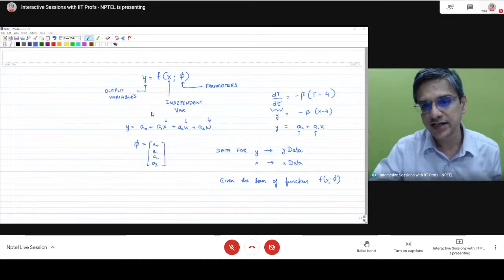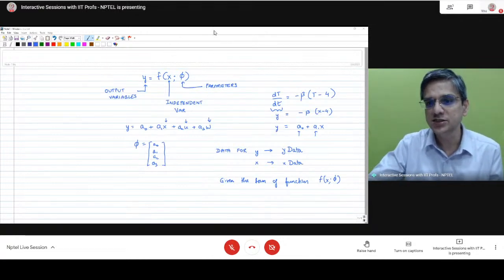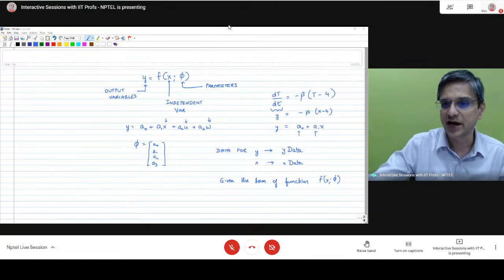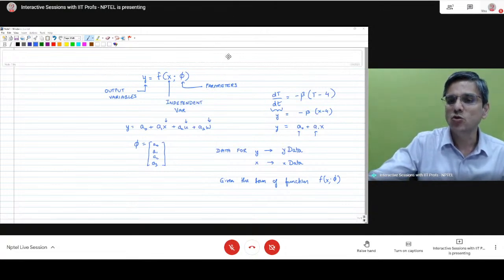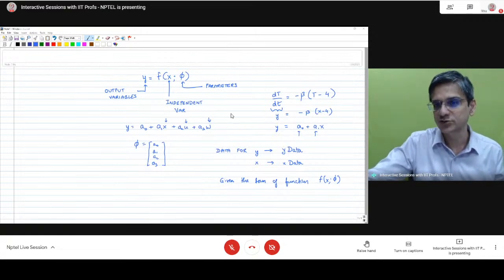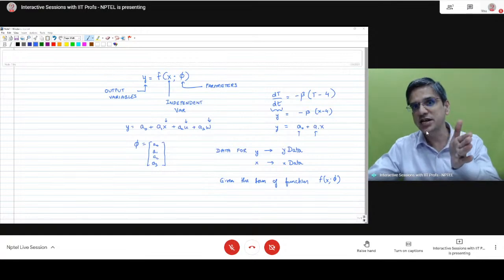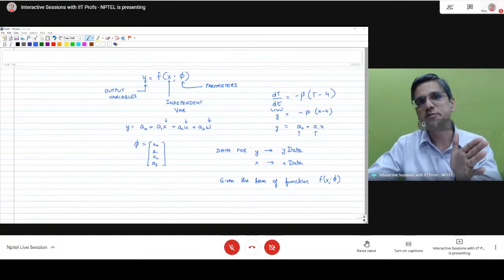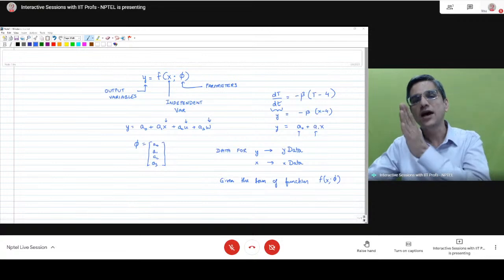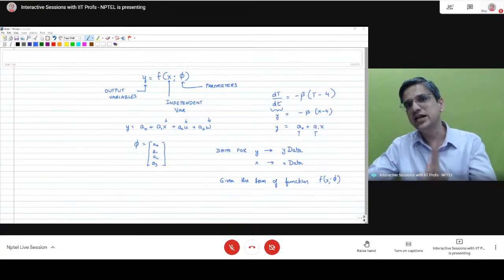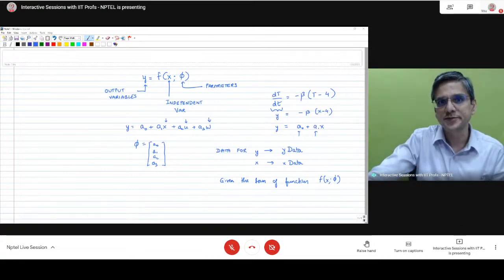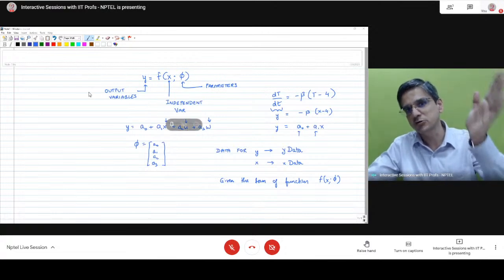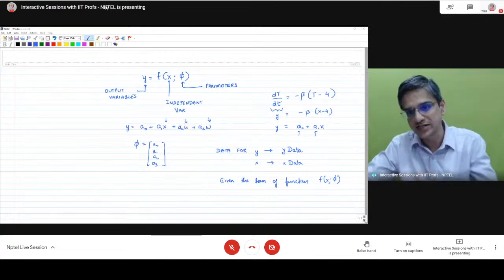What you will find is that LSQ curve fit requires you to provide X data and Y data, and it doesn't matter what you call variable X, what you call variable Y, whether you call it X, Y, U, and so on. X data is the independent variable. Y data is the output variable. Y data will always be one vector. X data can be a matrix if there are multiple variables X, U, etc.